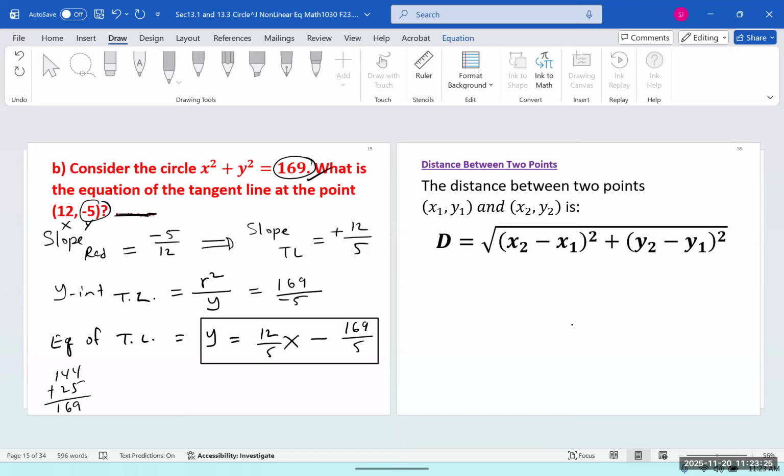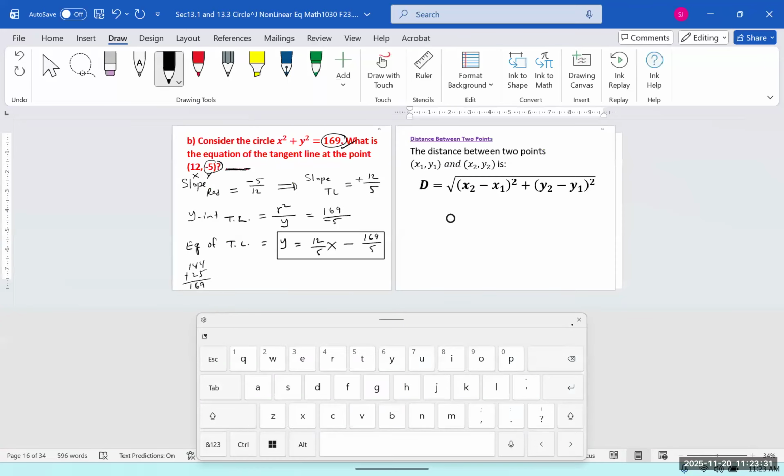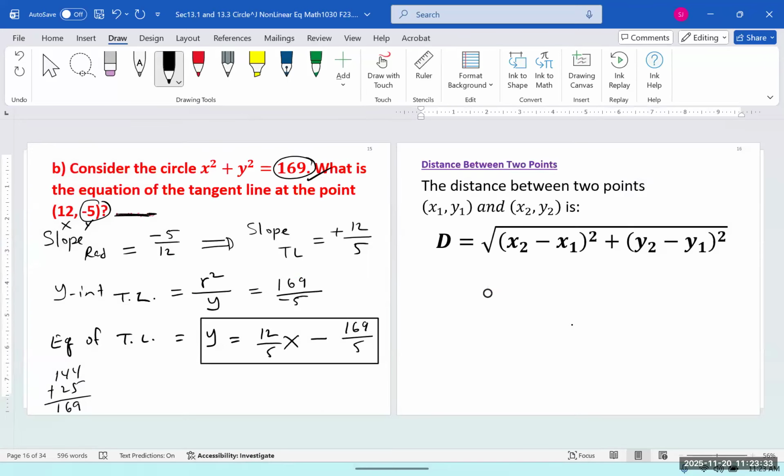So let's say we have x1. If you want to know how to derive, let's say we have a point here, which has x value x1, y value y1. And let's see another point here, which has x value x2 and y value y2.